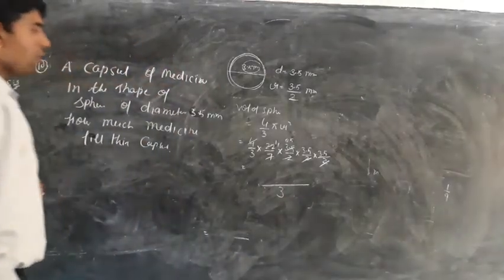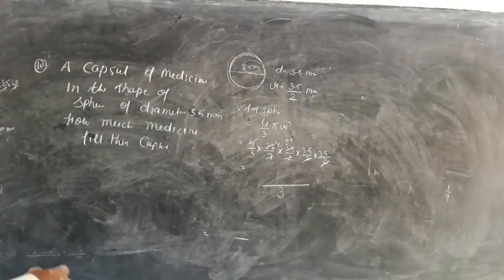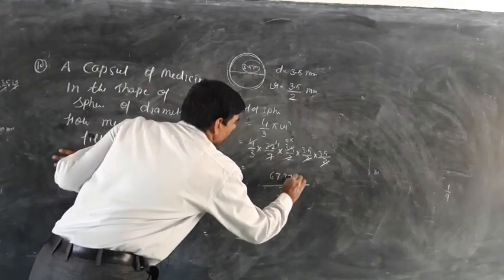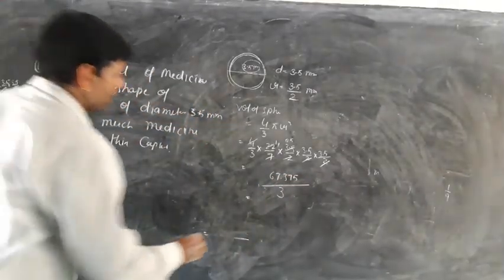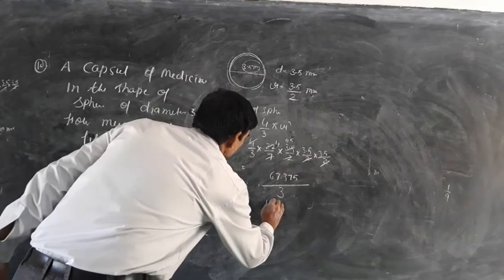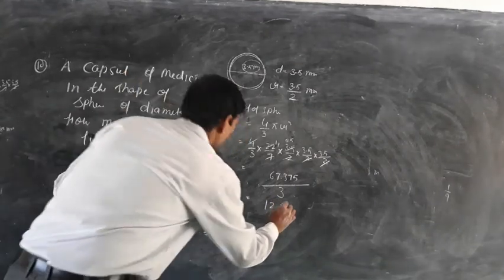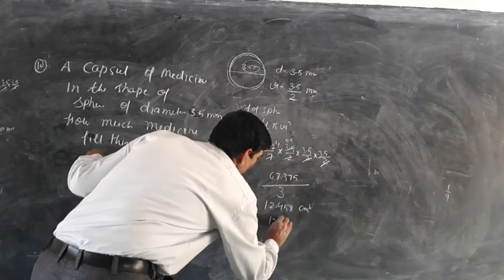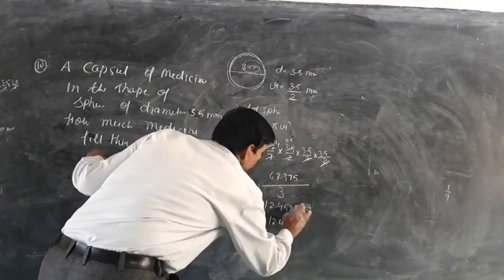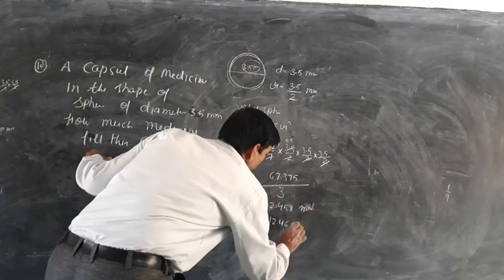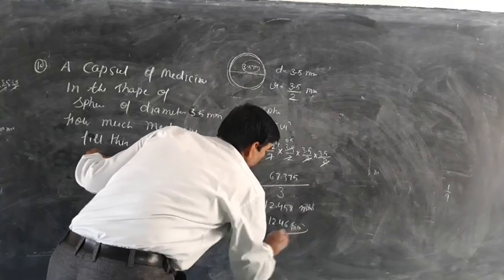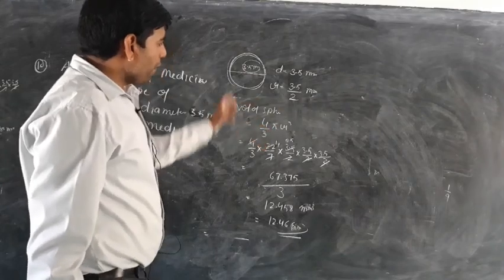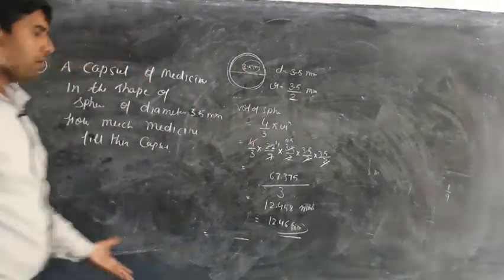The multiplication of 3.5 into 3.5 into 3.5 is 42.875. That gives 12.458 millimeter cube, that is 12.46 millimeter cube. Very simple question: we only put the value of the radius and find the volume of the sphere.